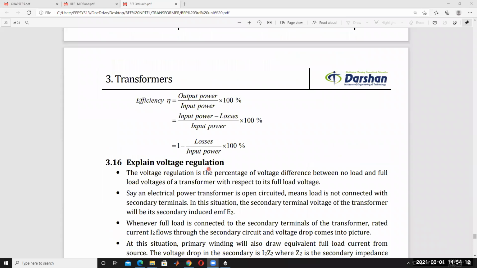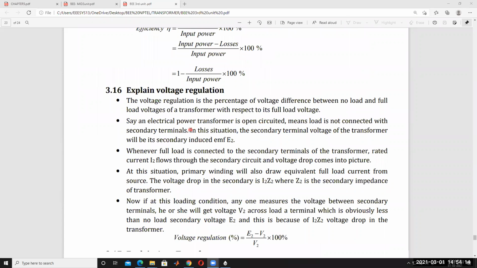Next, voltage regulation is nothing but the change in voltage from no load to full load, called the regulation of the transformer. This is the definition: voltage regulation is the percentage of voltage difference between the no load and full load voltages of a transformer with respect to the full load voltage. Voltage regulation is equal to E2 minus V2 divided by V2, where E2 is the no load voltage and V2 is the full load voltage. The change in voltage from no load to full load is called regulation of the transformer.